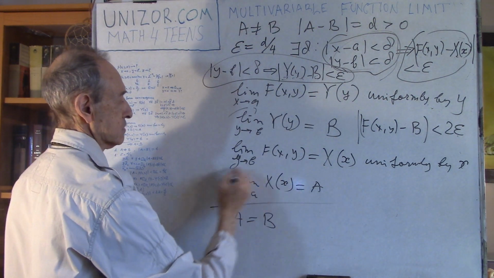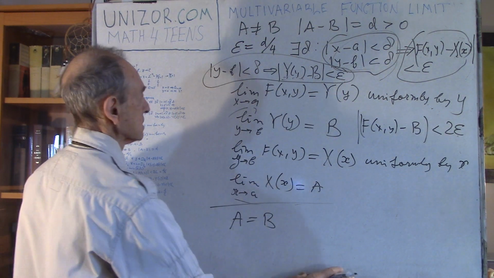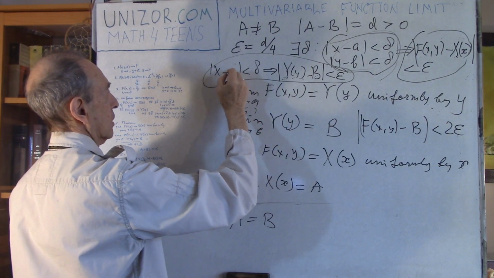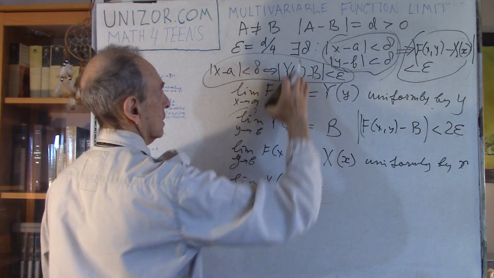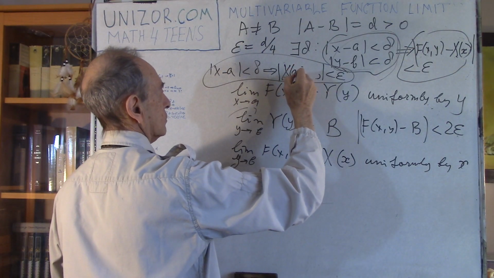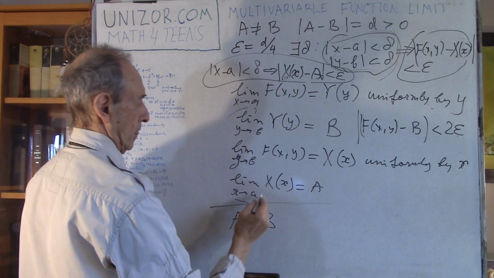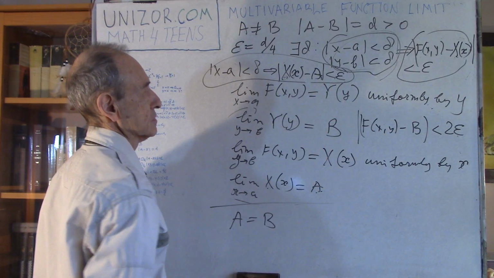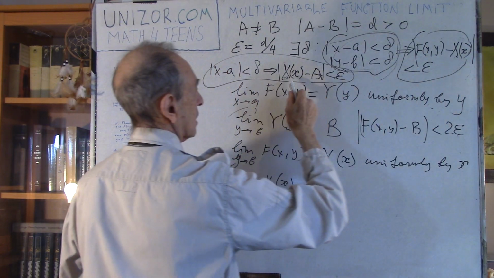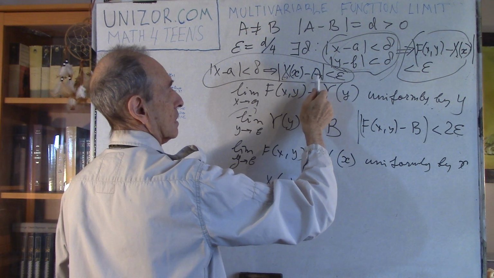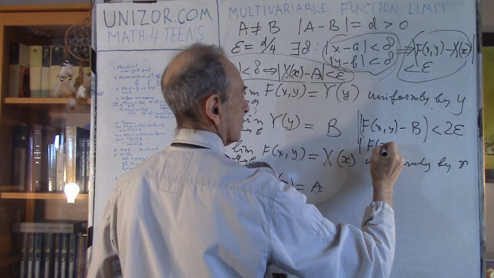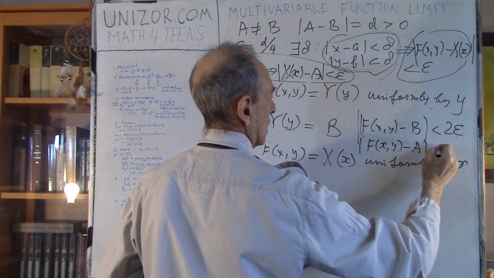And from this one, we will get similarly, if x is within this neighborhood, then the difference between the function capital X of lowercase x minus a, its limit point, should be less than epsilon. And again, this from this is distance less than epsilon, this from a is less than epsilon, so from f of x,y to a would also be less than 2 epsilon.